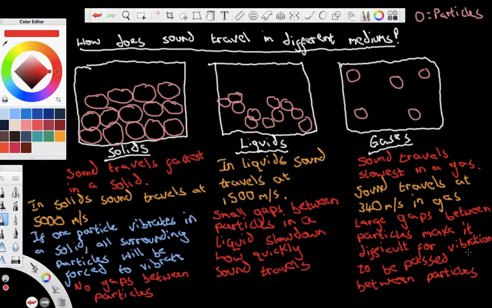So large gaps between particles make it difficult for vibrations to be passed between particles.